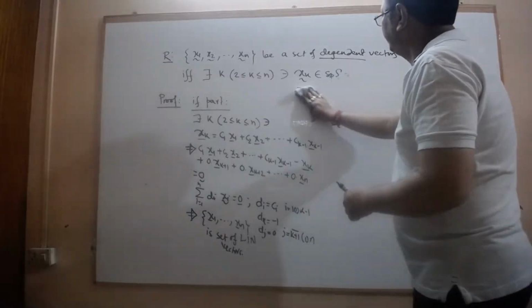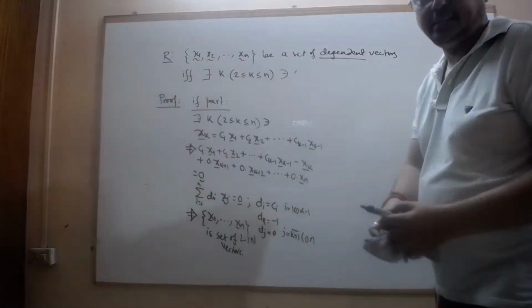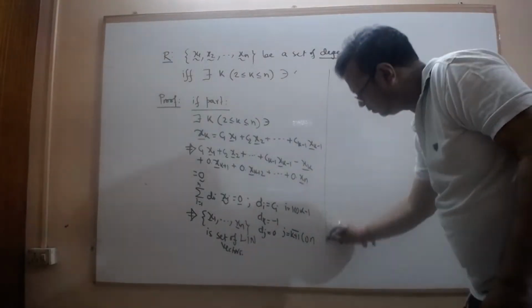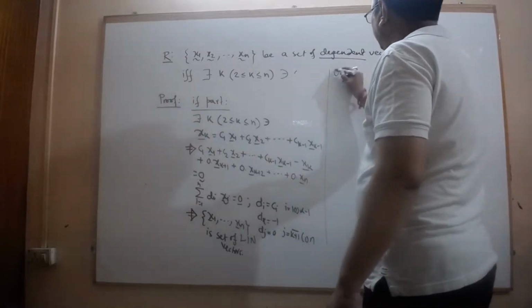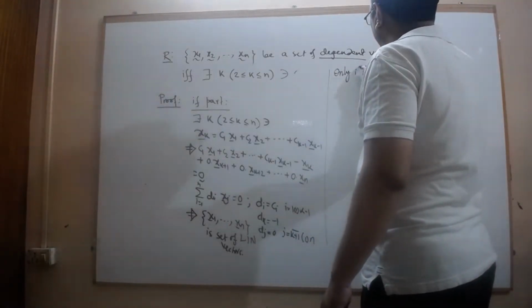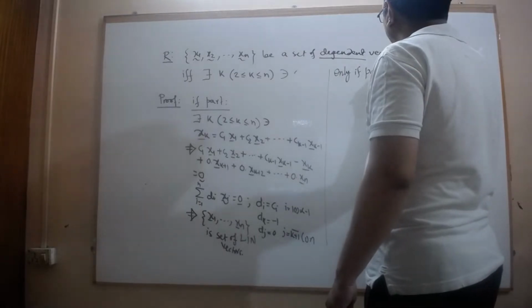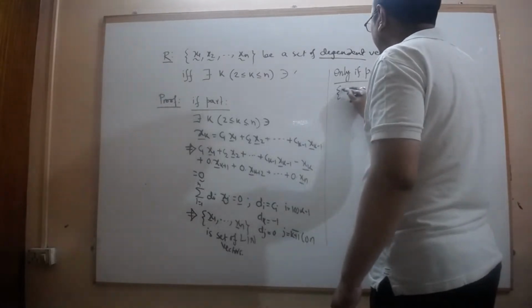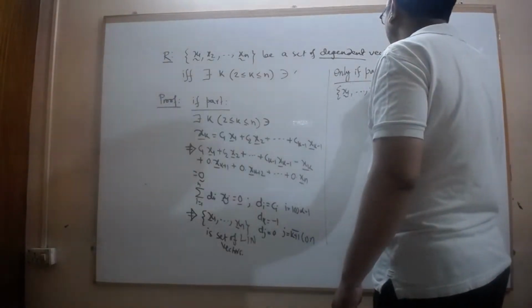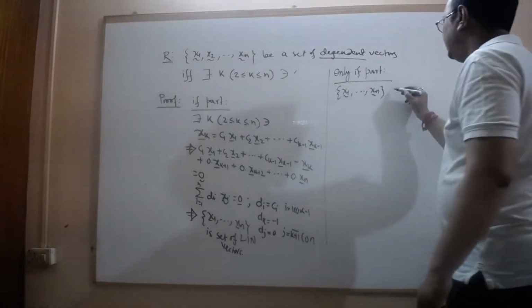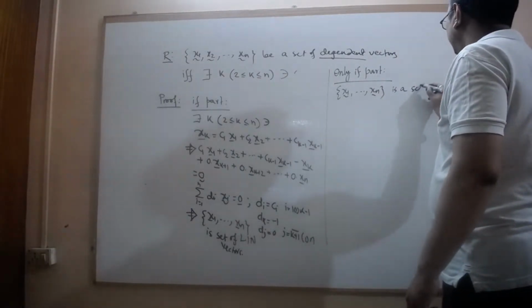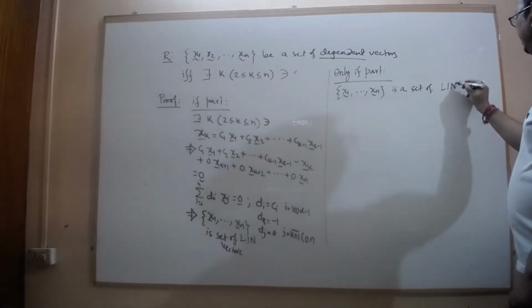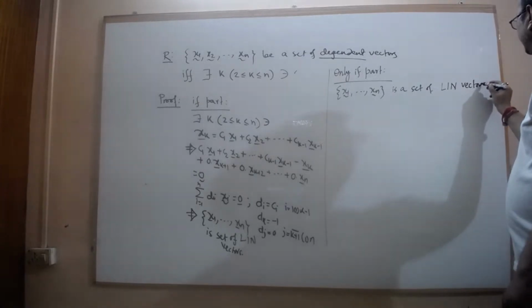Next part, that is the only if part. That means x1 to xn, the set of linearly dependent vectors, is given.